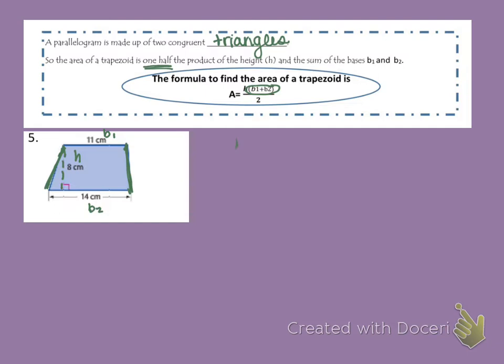So let's go ahead and plug in. Area equals your height. Remember, we always write our formula down first. B1 plus B2 all over 2.